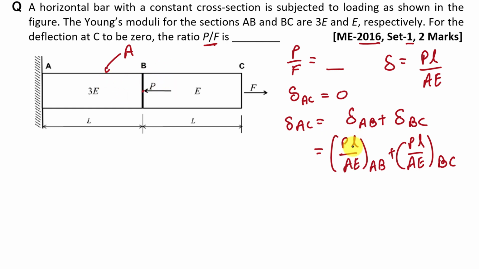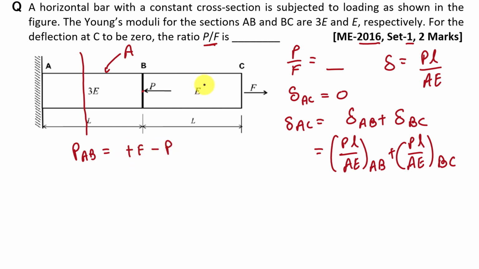To find value of load in AB segment, we will take one section between surface A and B, and we will take summation of all the forces acting on either side of this section on this rod. Here we will take summation of the forces on the right side. Here you can see that this F load is acting away from the section and this P load is acting towards this section. So we can say that load in AB is equal to plus F minus P.